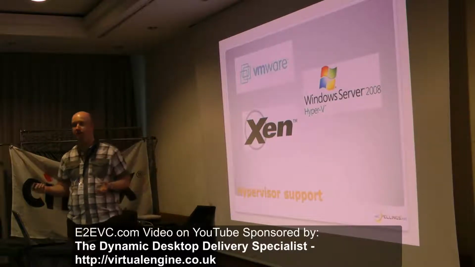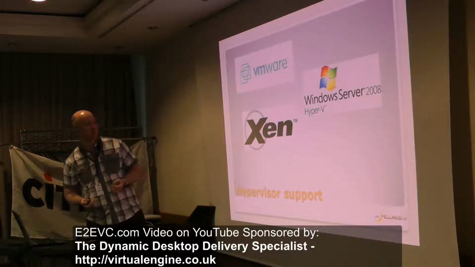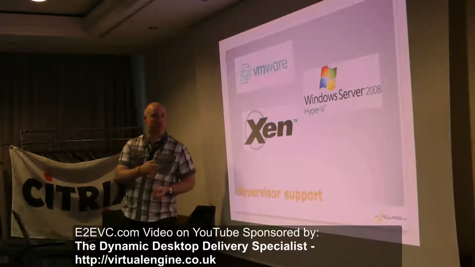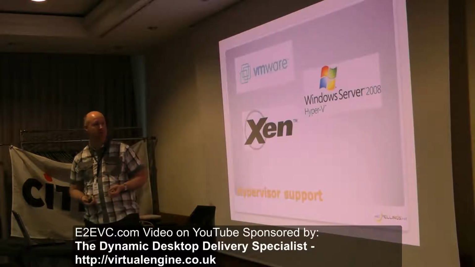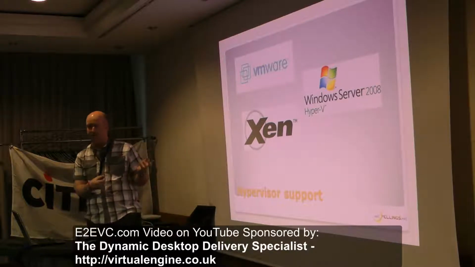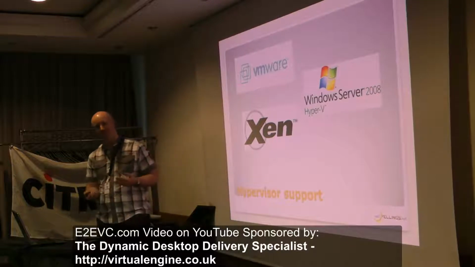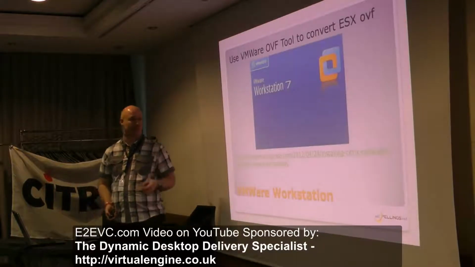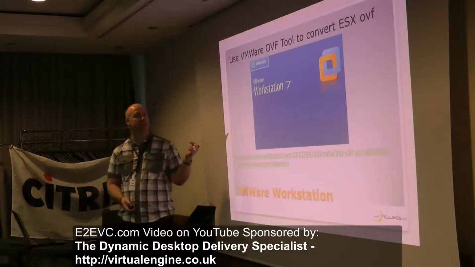A VPX is an appliance, a downloadable piece of software from Citrix. It supports all major hypervisors, so there's a flavour for each type of hypervisor. I couldn't find a Xen Server logo. The download for VMware is actually for ESX.